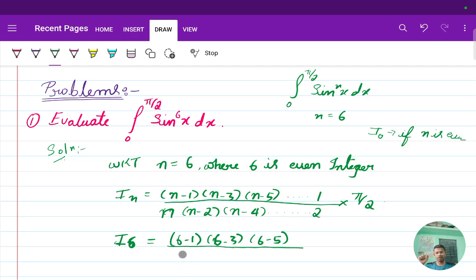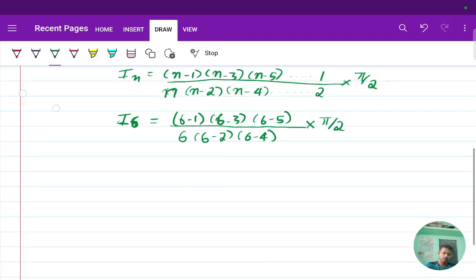Next, n value is 6, into (6 minus 2), (6 minus 4). What is 6 minus 4? That is 2. We get 2 here, into pi by 2.